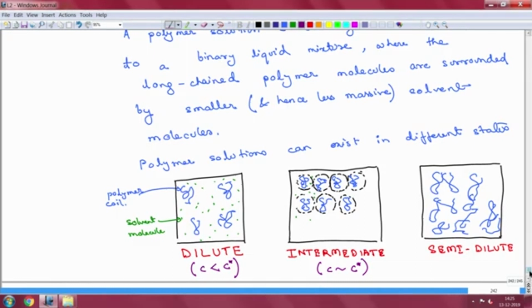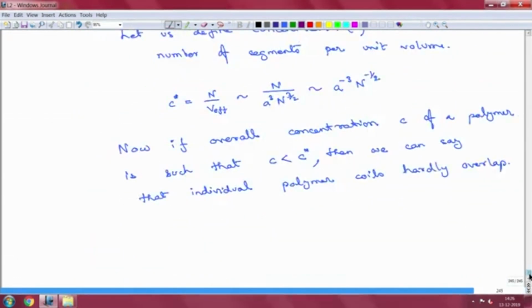Now, there is a slight problem with using C as an important parameter, and that is it has units. As we have defined it, it is the number of segments per unit volume. So, another important parameter that becomes very useful is a quantity called phi.